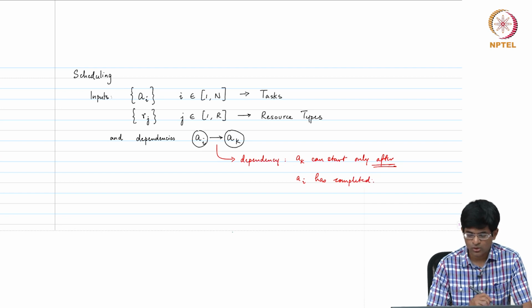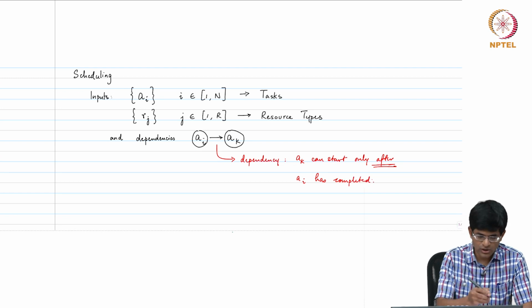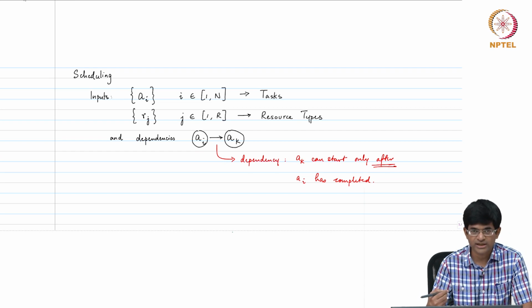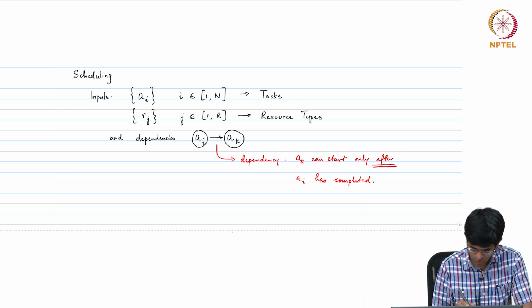Alright, now in addition to all of this, we also have one last piece of information. How do the tasks and the resource types relate to each other? What we can say over there is a certain tau j of AI.